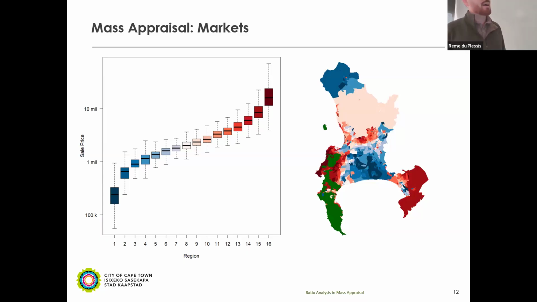And you can see here, Atlantic Seaboard has extremely high property prices, as well as here nestled in the southern suburbs. And then we also have a pickup on the Somerset West, Gordons Bay side. So you can see there are neighborhoods on either side of this mountain that fall into the same region.